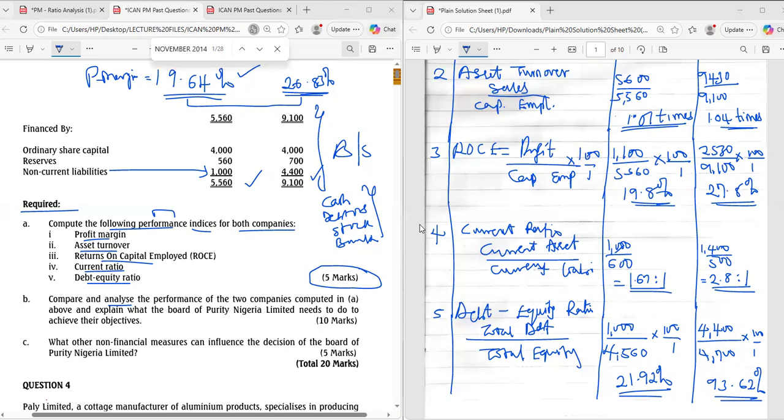Sir, can I try? Wait. The man is asking how can we reduce the debt of benchmark company?